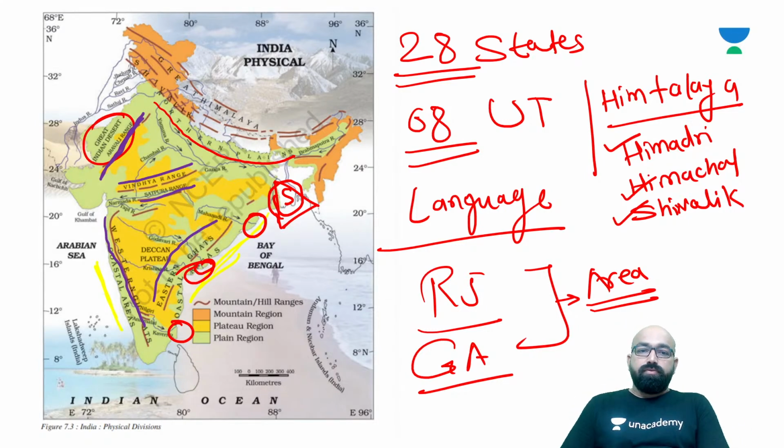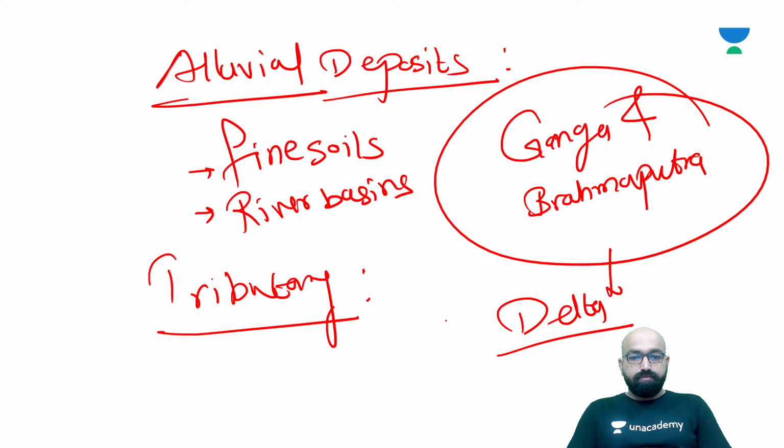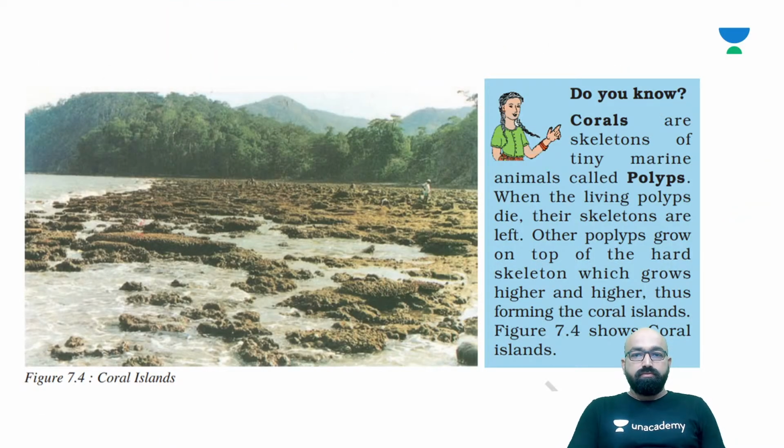So friends, corals are, yes, this is the coral islands. So friends, corals are skeletons of tiny marine animals called polyps. When the living polyps die, their skeletons are left and other polyps grow on top of the hard skeleton, which grows higher and higher, thus forming the coral islands.